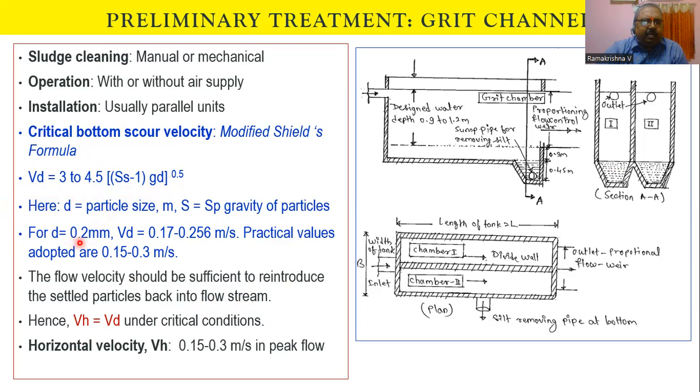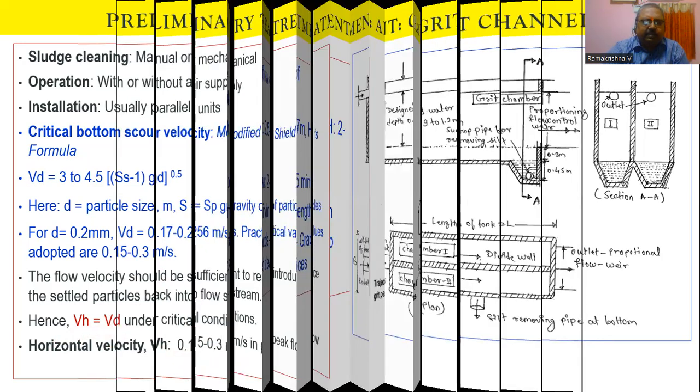For d equal to 0.2 mm, and a standard value of 4, the Vc value is around 0.17 to 0.256 meters per second. So practical values we take as 0.15 to 0.3 meters per second. Under critical conditions, the horizontal velocity is taken as equal to the critical bottom scour velocity, and we adopt this value as the range of horizontal velocity.